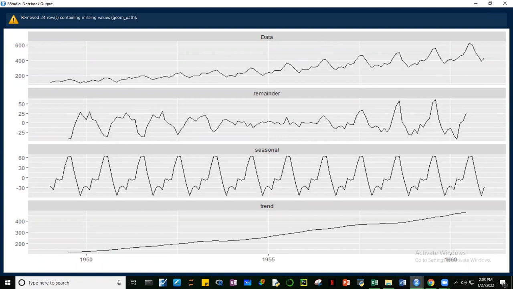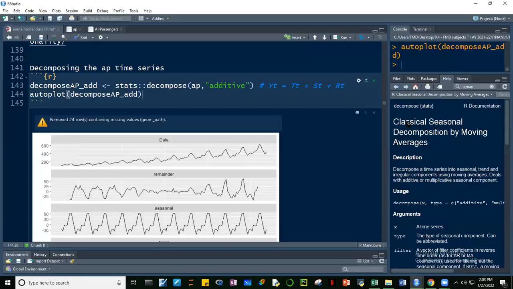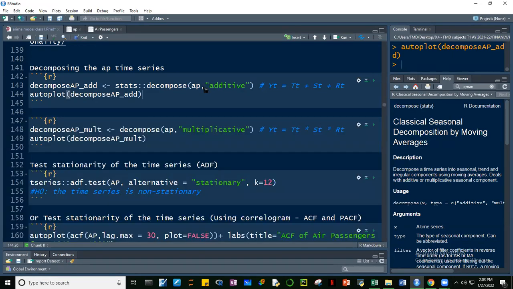So let's go to, pag ano naman, kapag multiplicative, okay, ito lang. Okay, we just use multiplicative. And yung difference talaga ay sa modeling. Okay, kasi ang additive model, pag minodel natin yan, ang time series natin is equal to the trend plus the seasonality plus the remainder.